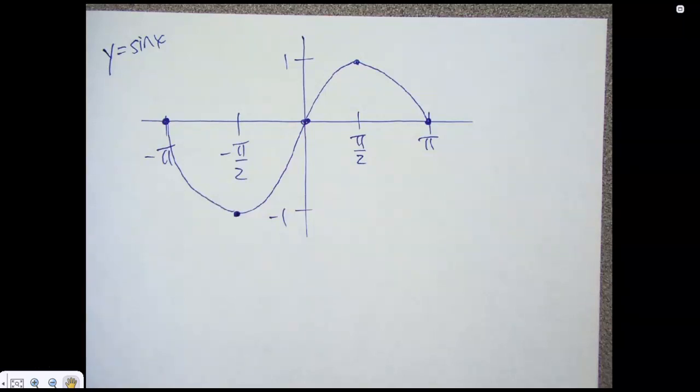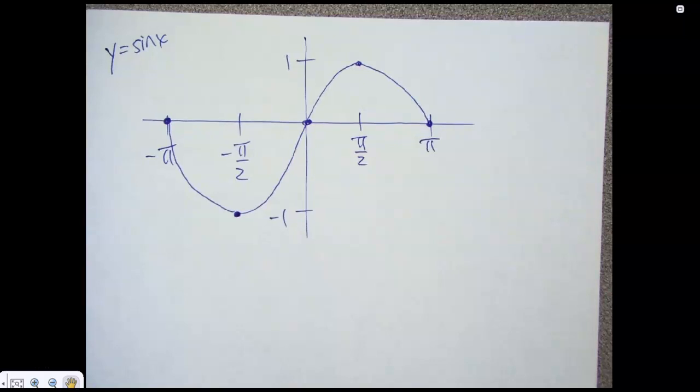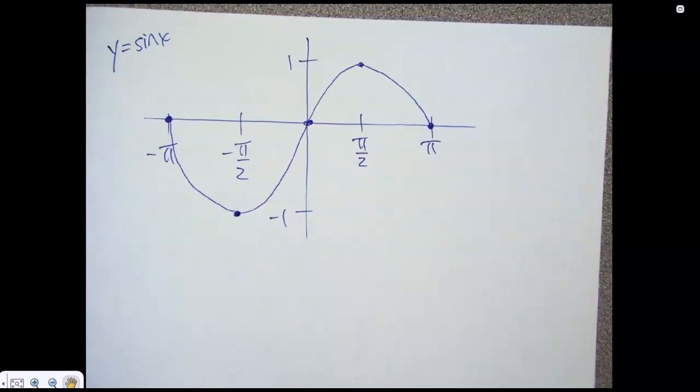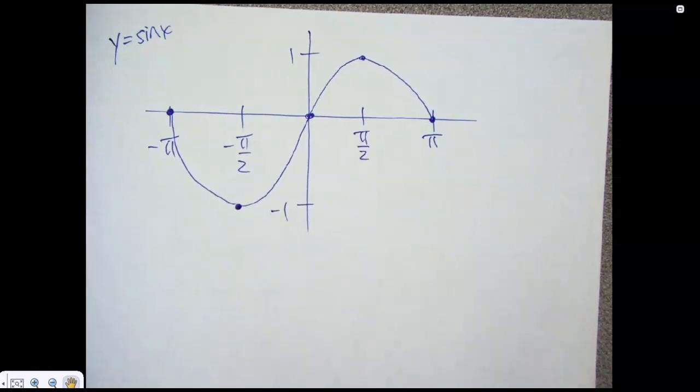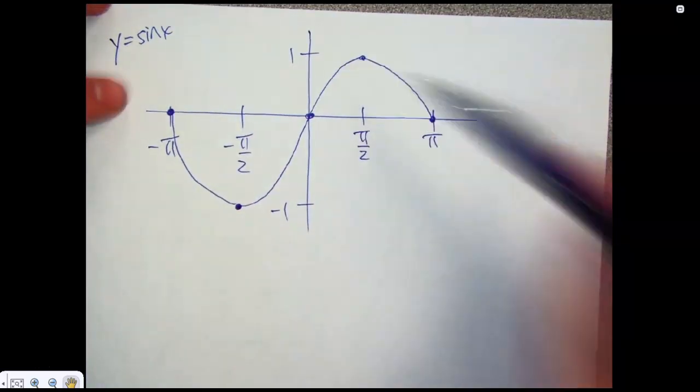Don't graph negative cosine. Go ahead and graph negative cosine, see how that works. It's cosine. Okay, so if I'm graphing this, this is not proportional at all.